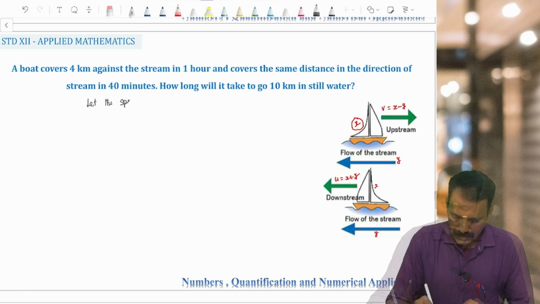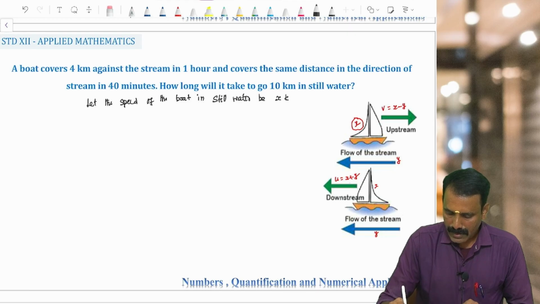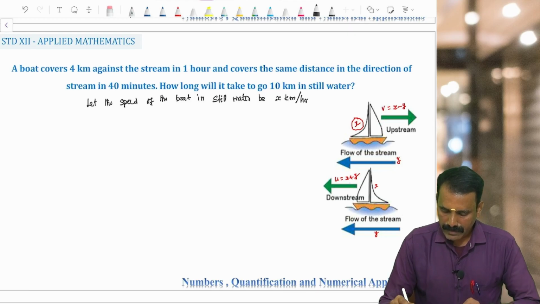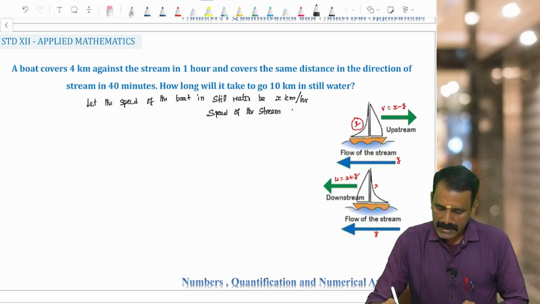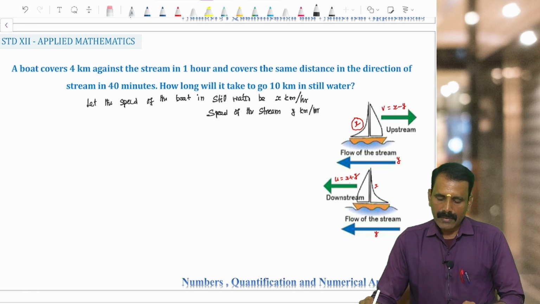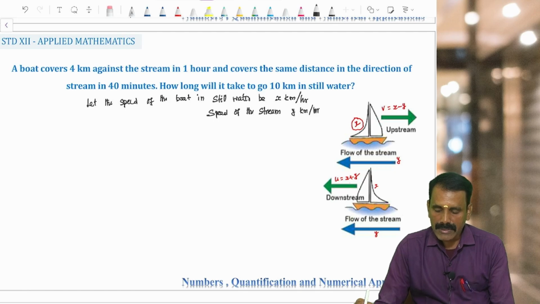So we write, let the speed of the boat in still water be x km per hour. Speed of the stream, that is speed of the flow of the water, we take it as y km per hour. Now we are supposed to find the speed of the upstream and the speed of the downstream.